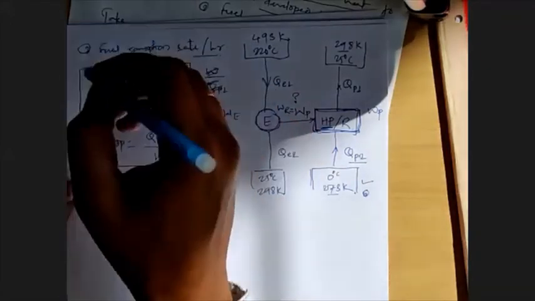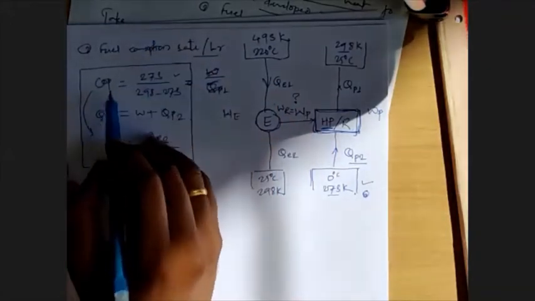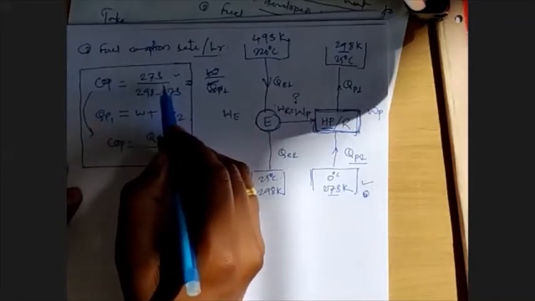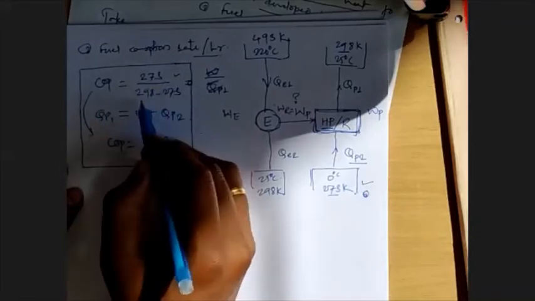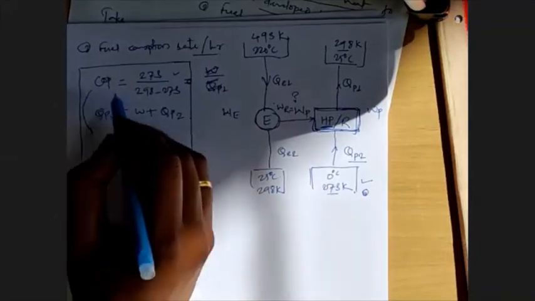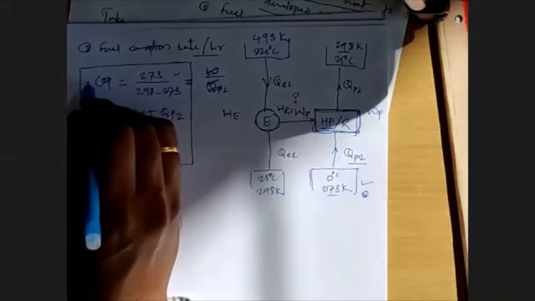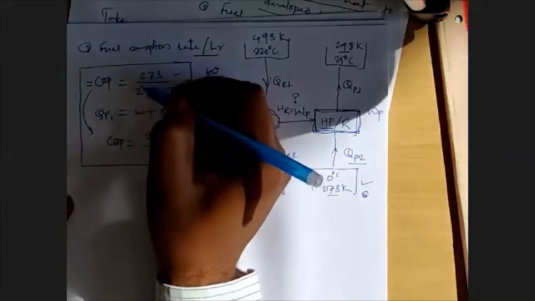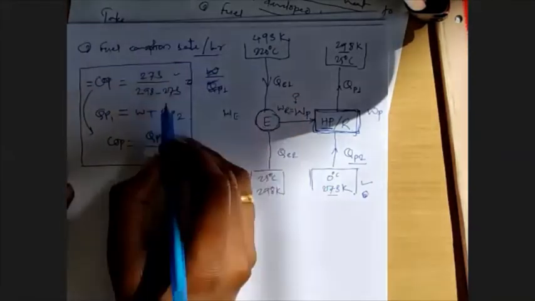Okay. Now let's begin with this one. We have COP is equal to a relation in terms of temperature, that is 273 by 298 minus 273. If you calculate this one, you will get the value of COP as, what is the COP value, Pratik? Have you calculated from this relation?